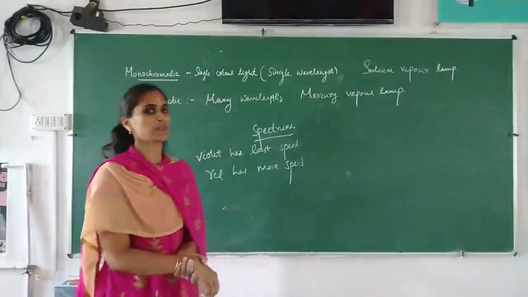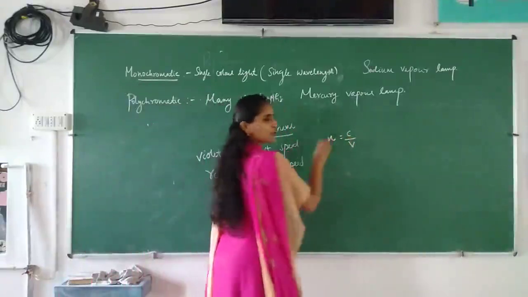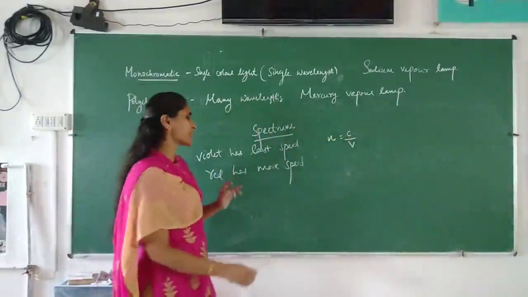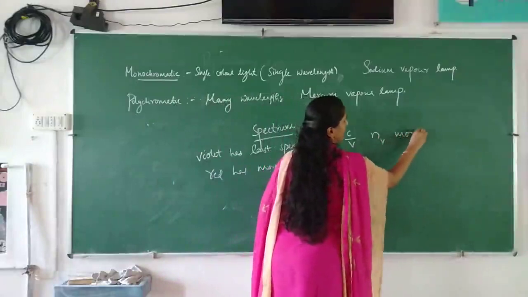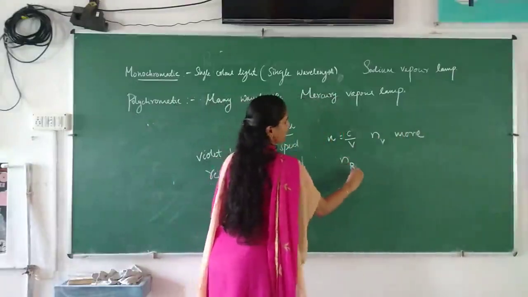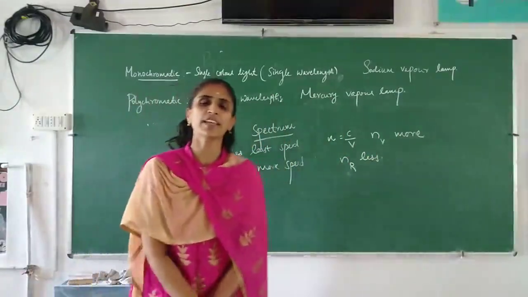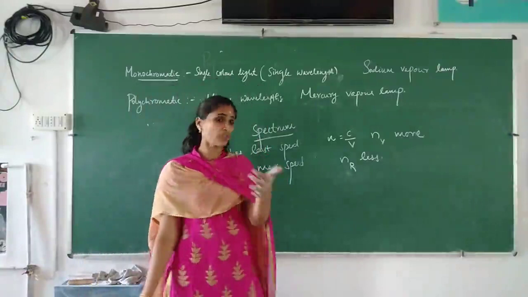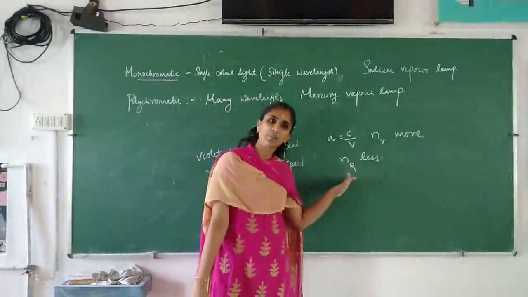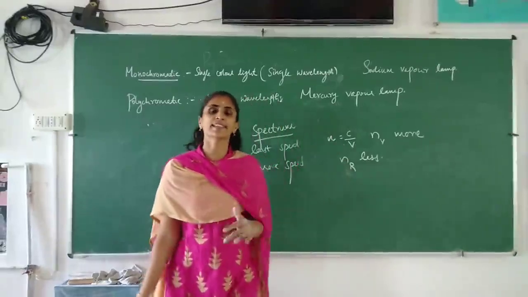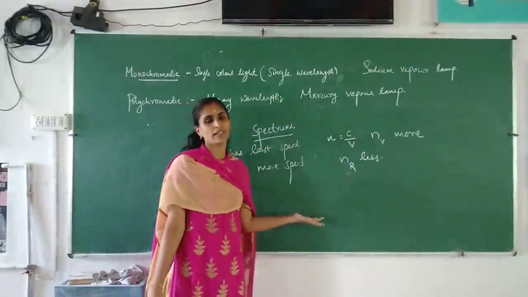So violet travels with least speed through the prism and red travels with maximum speed. And the refractive index, we know, n is equal to c by v. So the refractive index of the material of the prism for violet light will be more in comparison with red light, and hence the deviation produced by violet light will be more in comparison with red light.